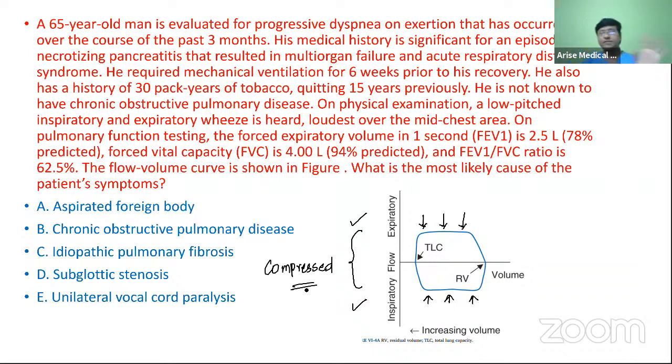Both of them are compressed. Now, in which scenario will you have that? You will have that in case of subglottic stenosis.